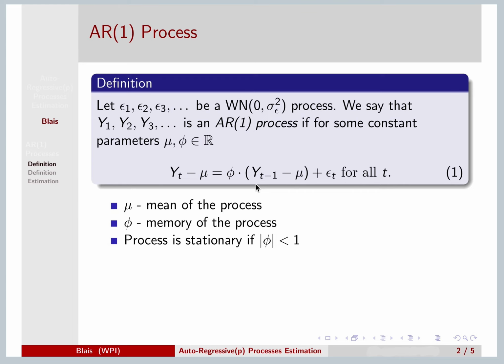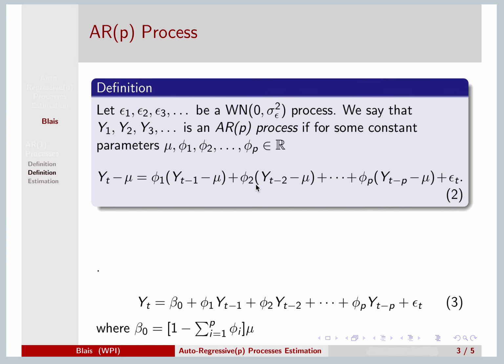We now take this idea and extend to memory going beyond just one time period, or one day in the example we're talking about, when we introduce the idea of an AR(p) process. So we have the same kind of setup. You have some white noise process, your epsilons, and we say your y sub i's are an AR(p) process if now you have p memory parameters, specifically because you are remembering something from 1 up to p previous time periods.